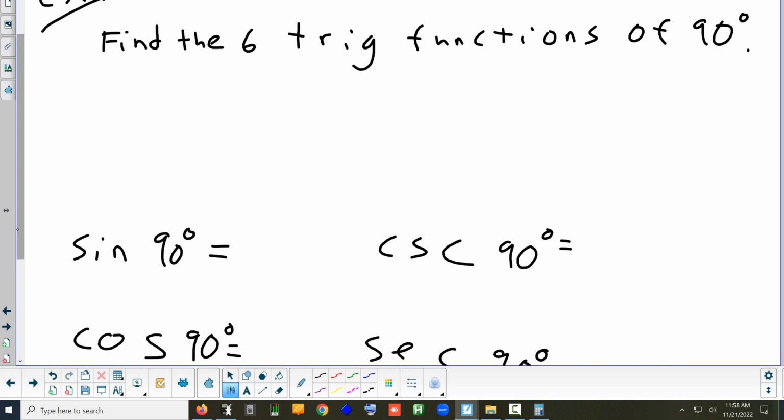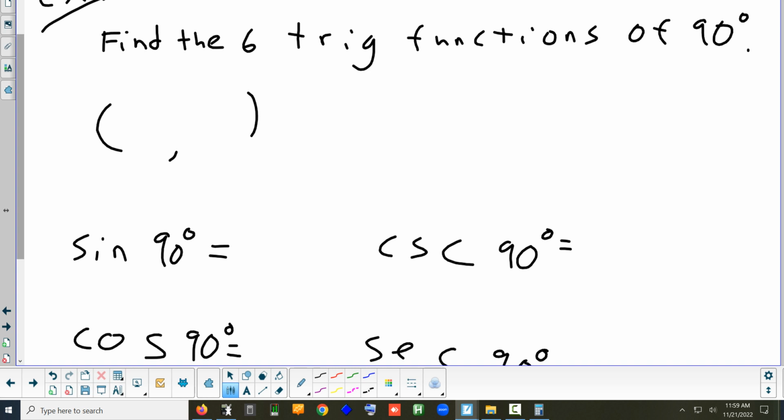All right. What's different about this one? We don't have the coordinate. So in a problem like this, you need to find the coordinate first. What I usually do in my head is visualize the circle and imagine where 90 is. Where's 90 in the circle? Straight up.